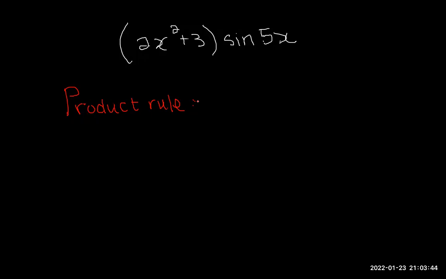You multiply what's outside by what's in, and then you differentiate what's inside of the bracket and add it to it, or something like that. Or do you multiply both of them, what's inside and outside, and then you differentiate them?